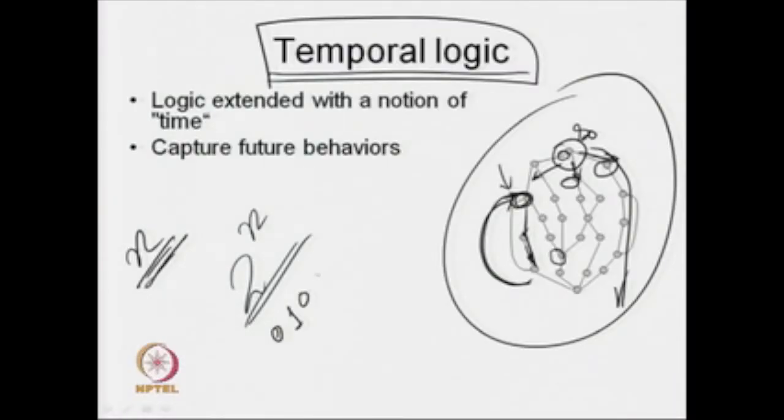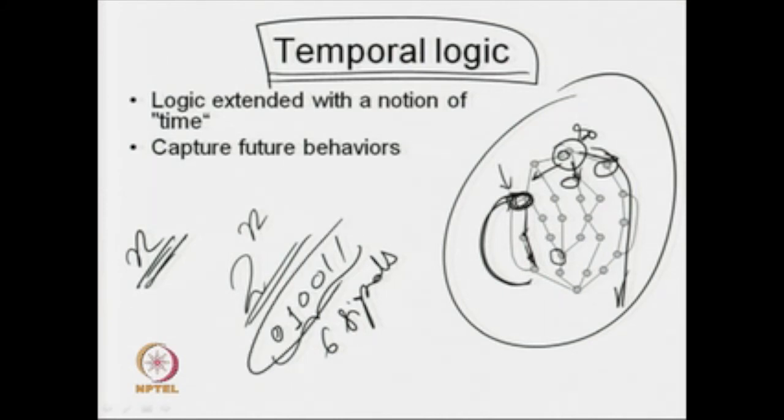So, this may be one particular pattern, say if I am going to have 6 signals. So, this is a state where the pattern of my signals is this one. Now, say I follow this particular path, and when I reach this particular state, depending on my situation, I go back to this particular configuration.